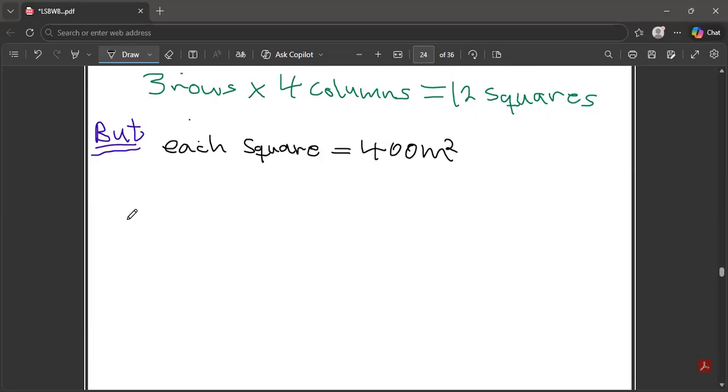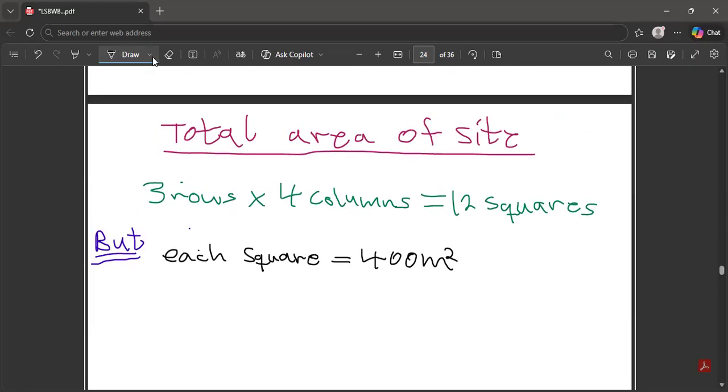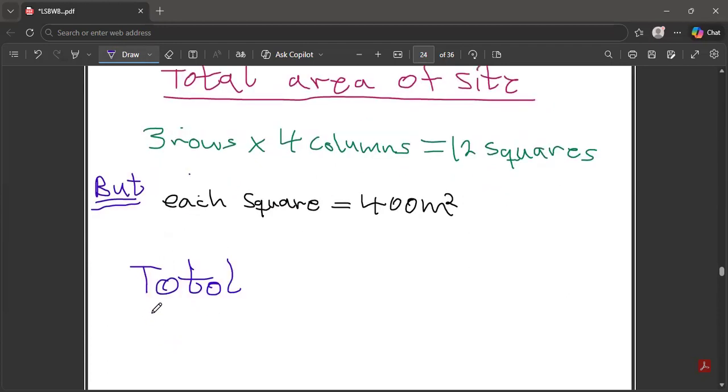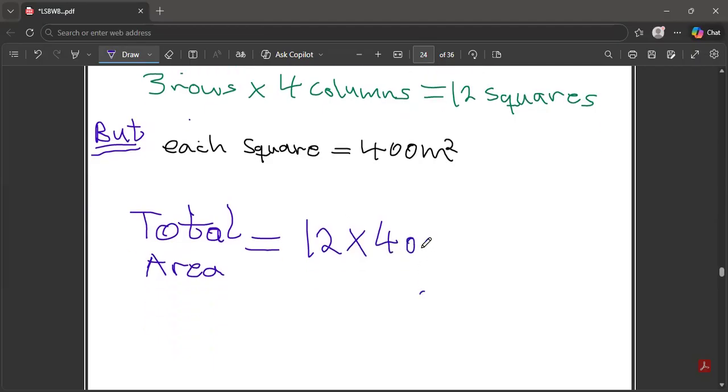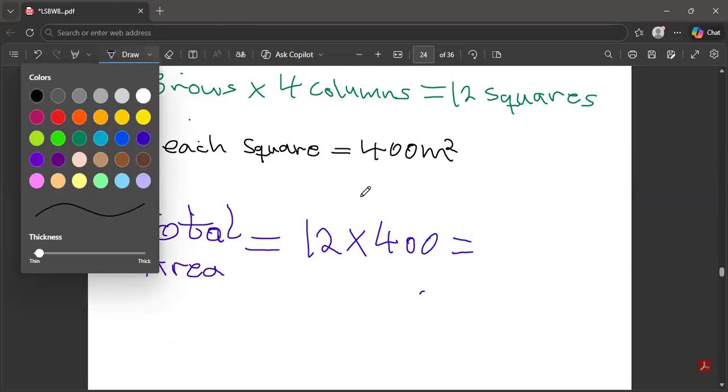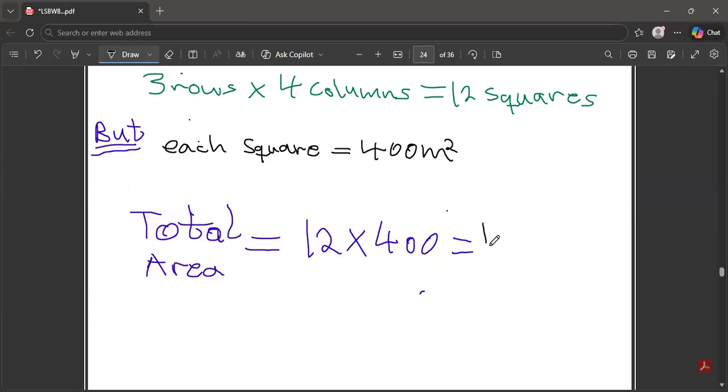So finally, we can say that the total area is equal to 12 times 400, and we're going to get 4,800.